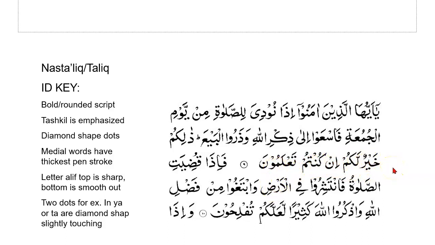So again, simple script, just like Naskh. When you see the Quranic version of it in Nastaliq, it's to make it very simple for people to be able to read. Now the letter Alif right there, small, and then Allah. That's how it's written.